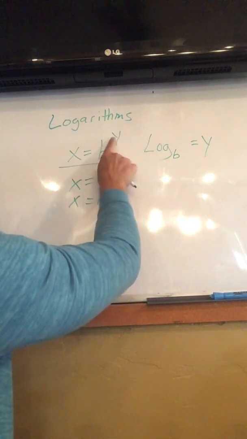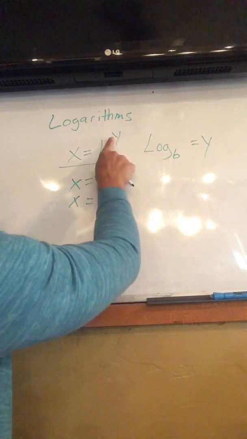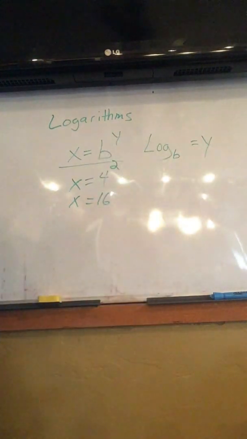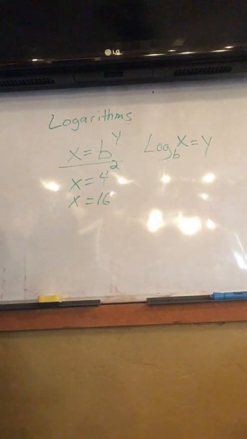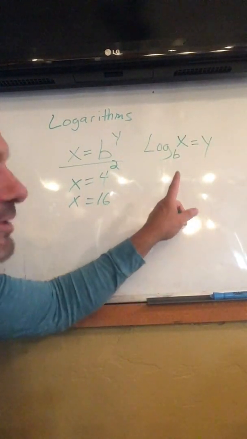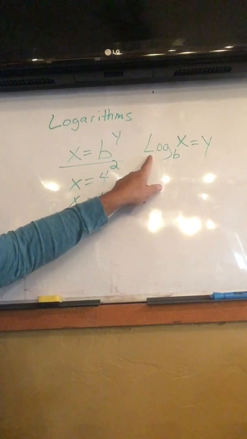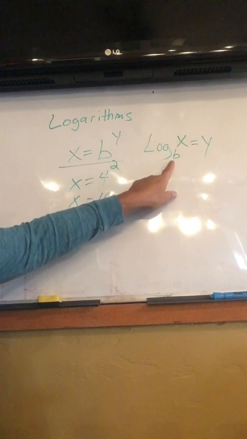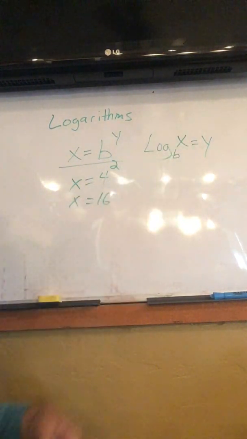We're talking about the same thing. So I usually put the b first. It's a little bit below the log, and it equals y, and y is the exponent, and that must leave x for right there. So we would just read this in one of two different ways: the log of x base b, or log base b of x. It's saying the same thing.